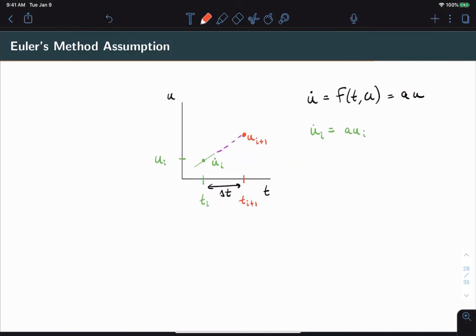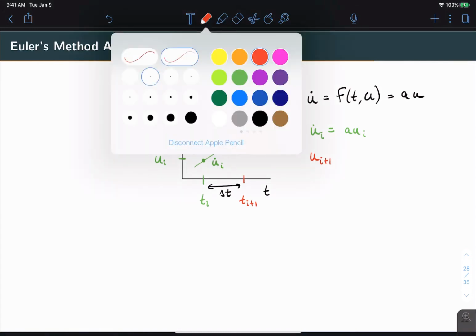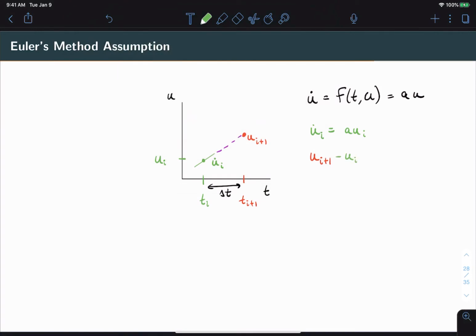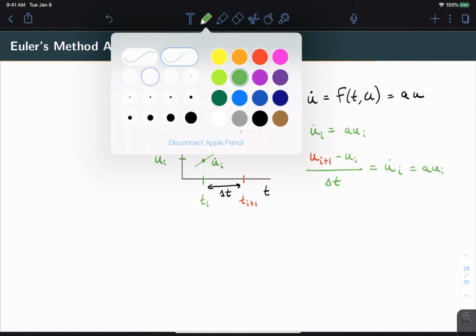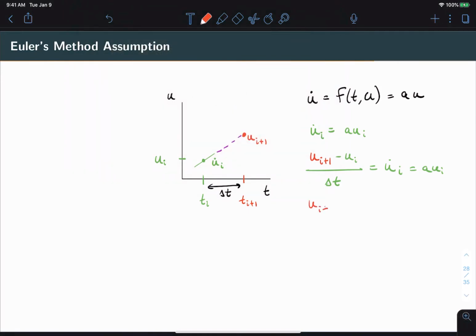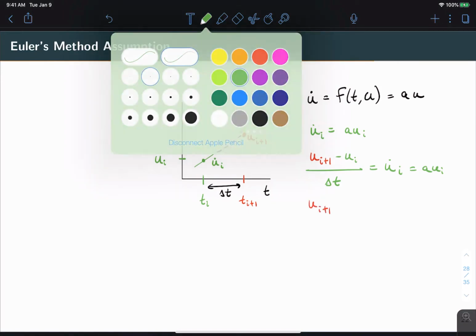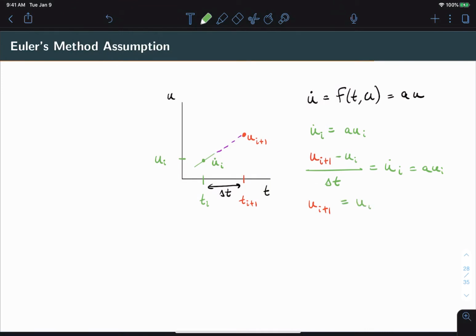So in that case, we have the difference between ui plus 1 and ui over the time interval delta t is equal to our velocity, or in other words, a times ui. So rearranging that to put it in terms of ui plus 1, we get the following equation. And that is the general algorithm for this method.